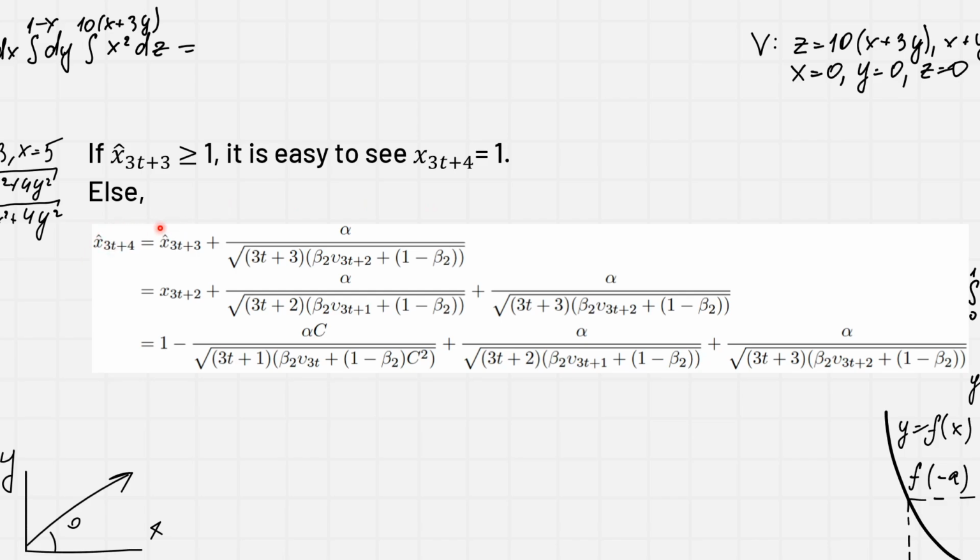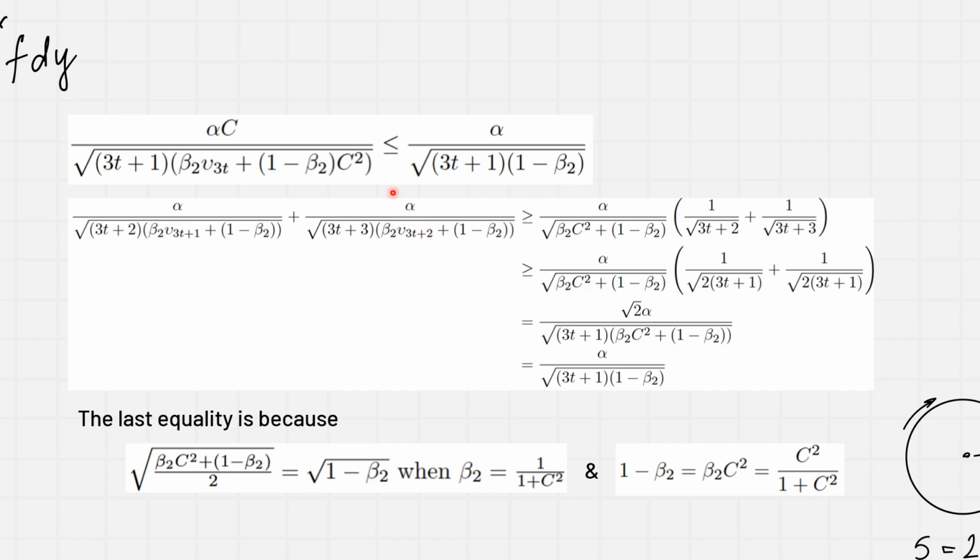Else if x-hat_{3t+3} is smaller than 1, here we bring in the equations of x_{3t+3} and x-hat_{3t+2}. To make this greater than 1, we have to check that the left term is less than the right two terms added together. If it holds, then we can say that x_{3t+4} equals 1.